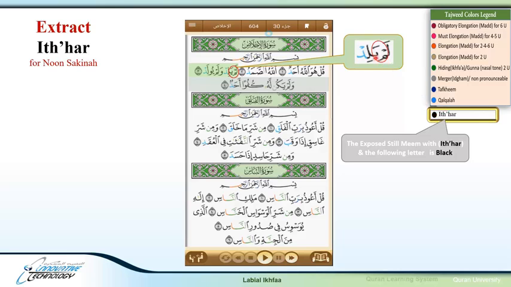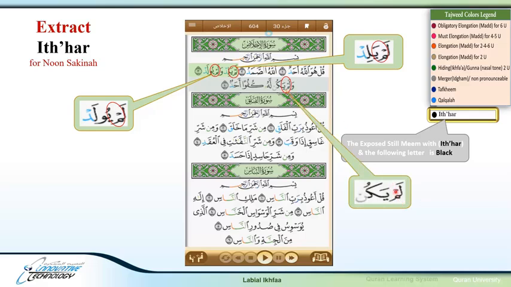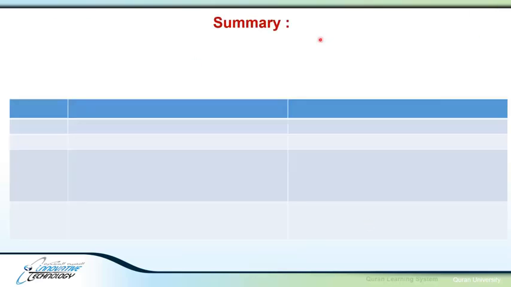Next example is لم يولد. Again, the meem with sukoon and the ya with dhamma, both are pronounced with إظهار clearly. One more example. ولم يكن. Meem with sukoon and the ya with fatha, both are pronounced clearly. لم يكن with إظهار.